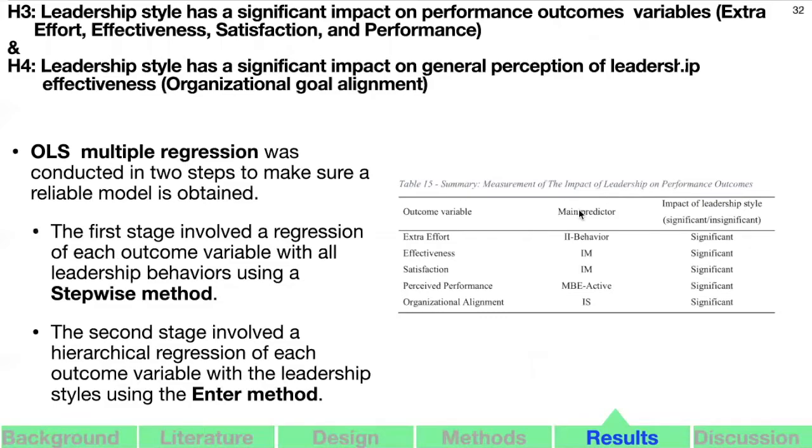And on hypotheses 3 and 4, finding the leadership style that has the most impact on each of the outcome variables, I conducted multiple regression on these leadership style and outcome variables in 2 steps. The first one, I used a stepwise method in SPSS, and the second one, I used the enter method in order to find out which of the leadership behaviors was the main predictor.